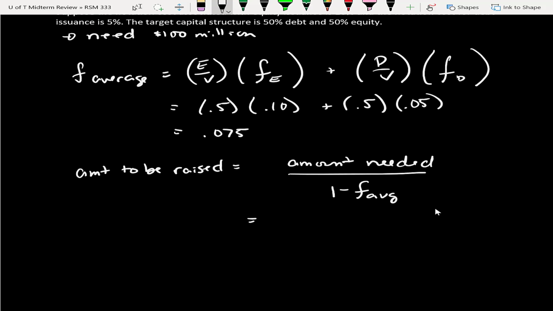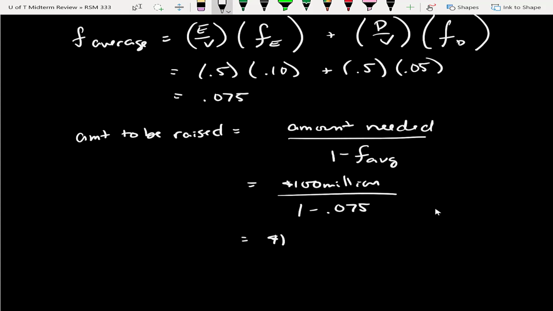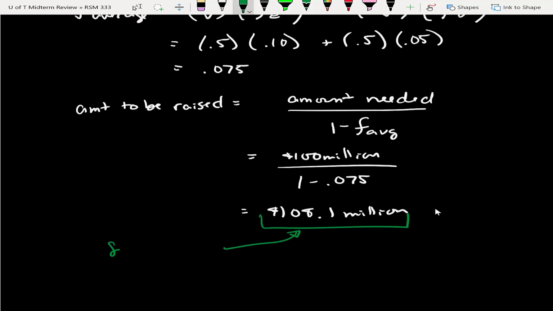The amount needed in this case was 100 million, and the average flotation cost was 7.5%. So they're going to need to raise 108.1 million to end up with 100 million after the fees are paid. Essentially the fees are 8.1 million, and these are the flotation costs.